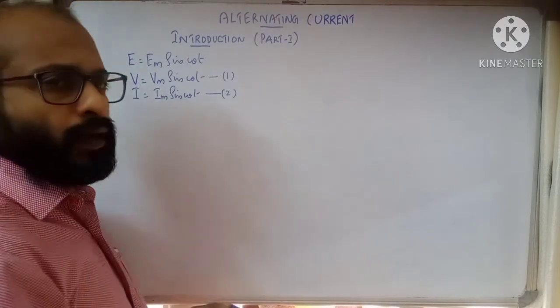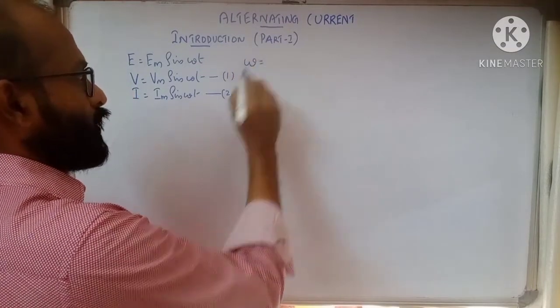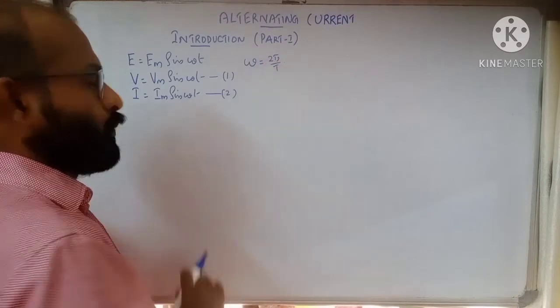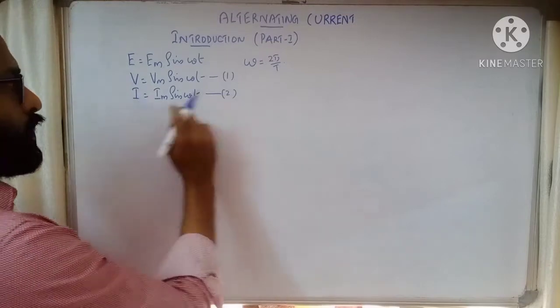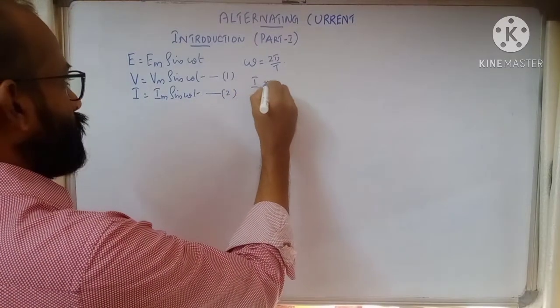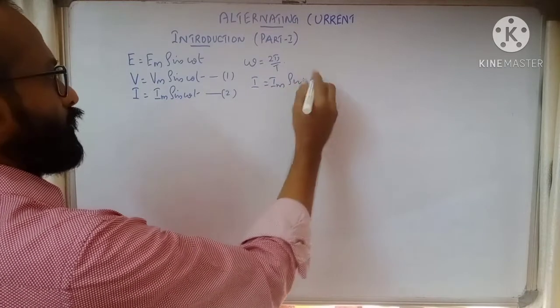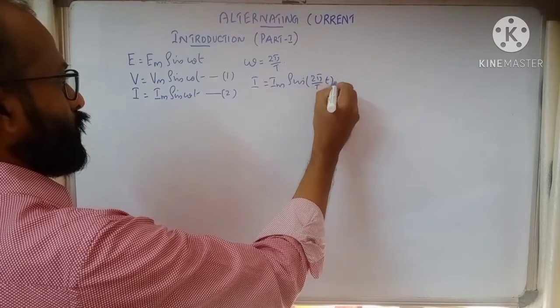Now what is omega representing in the equation? We know that omega is equal to 2 pi by T. Omega is equal to 2 pi by T. Okay. Now let us take this equation I is equal to Im sin, and instead of omega we can substitute 2 pi by T into t. Okay.